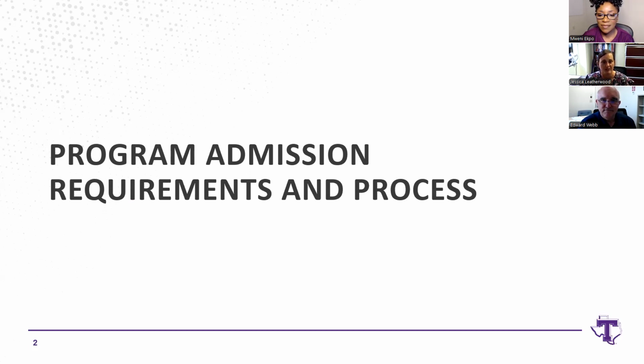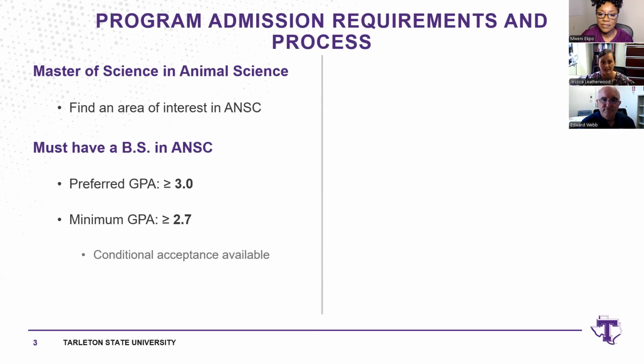So the first thing that I would like for us to start with is talking a little bit about the program admission requirements and the steps to the admission process. To begin, we offer here at Tarleton a Master of Science in Animal Science. The goal of this program as students is to be able to find an area of interest within the animal science discipline.